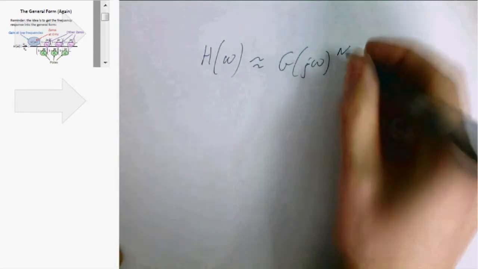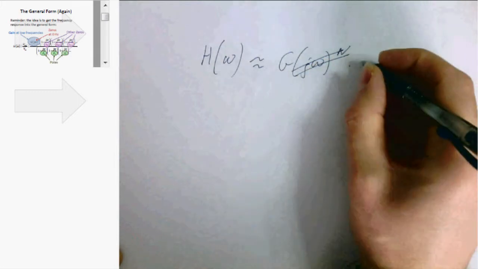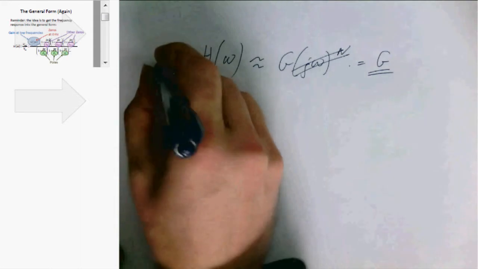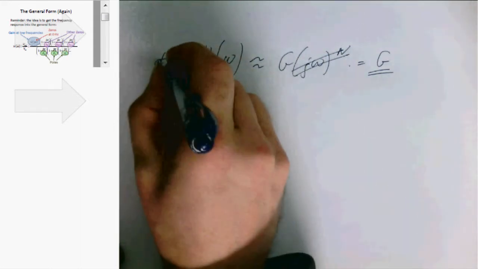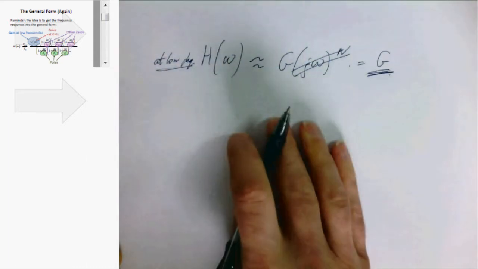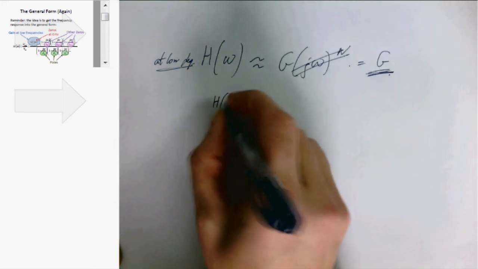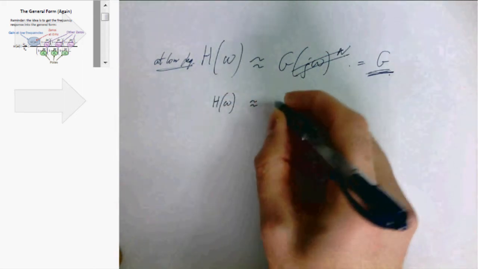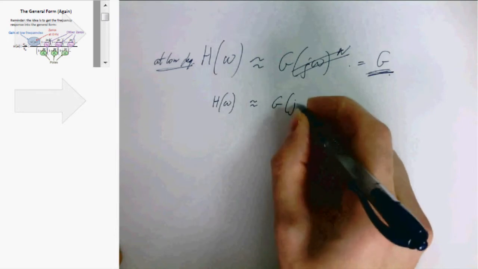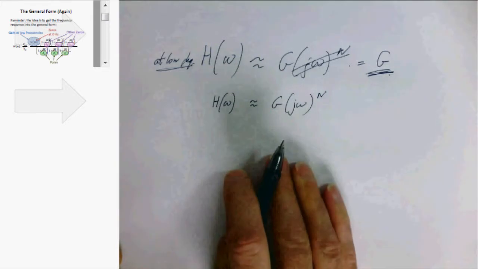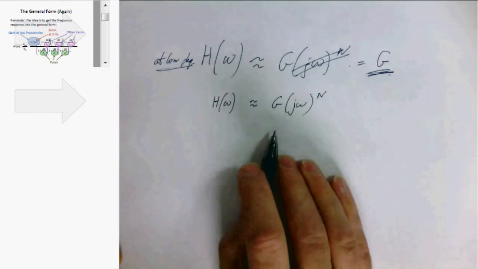Now, when you don't have any zeros at 0 Hertz, n is 0, so we just get G, and the gain at low frequencies is just given by this term G. However, when we do have some zeros at 0 Hertz, we have to approximate the gain at low frequencies as G times j omega to the power of n, where n is the number of zeros at 0 Hertz we have.